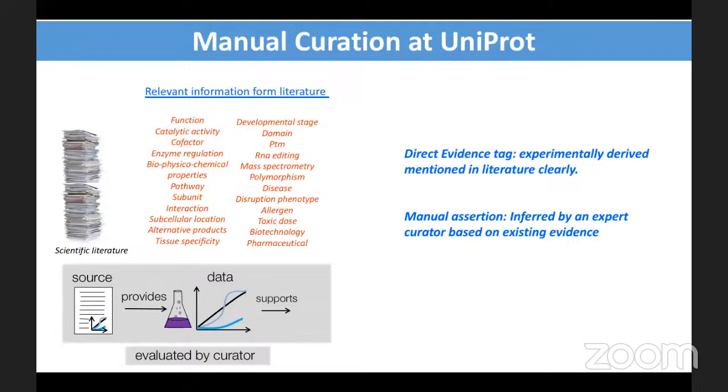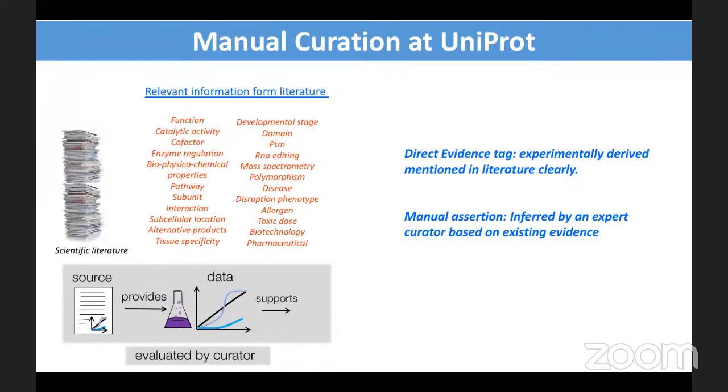So this slide talks about how we do manual curation at UniProt. UniProt curators read the papers and extract relevant information from the literature. This information could be related to various features of proteins, such as function, catalytic activity, pathway, interaction, tissue specificity, any biophysical, chemical properties, and so on.